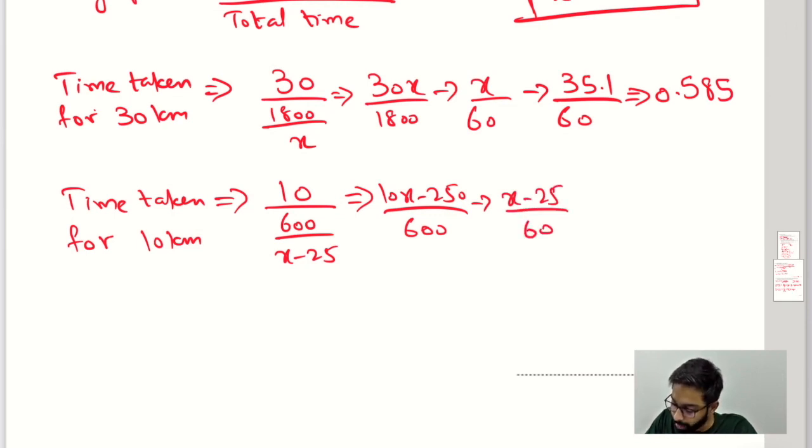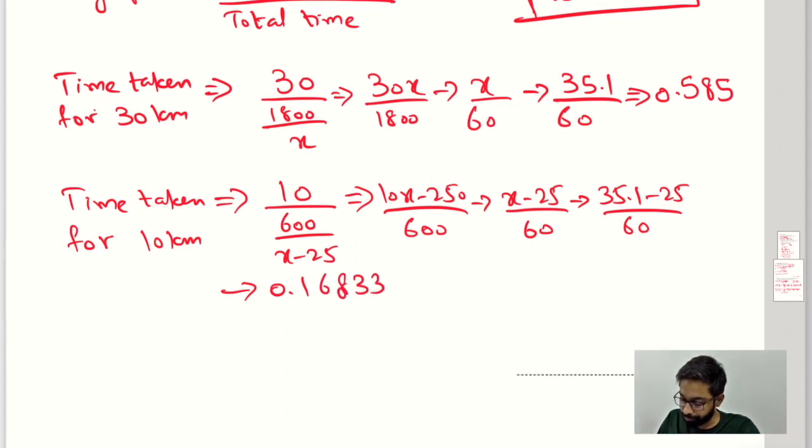Again, you substitute the value of x, so you do 35.1 minus 25 over 60, and the value that you get in this case is 0.16833 hours.